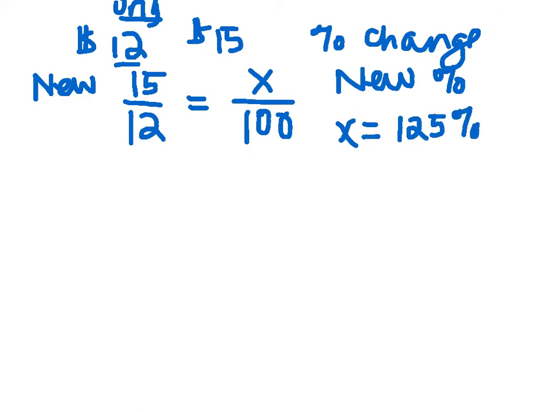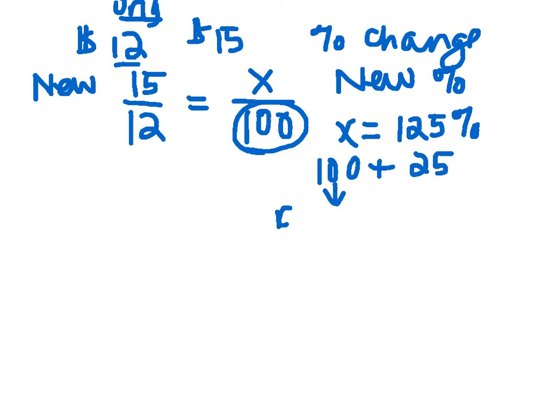Well, clearly that is not the change. That's this original 100 plus the 25%. So it's 100 plus 25. This 100 represents the original, and the 25% is the change.